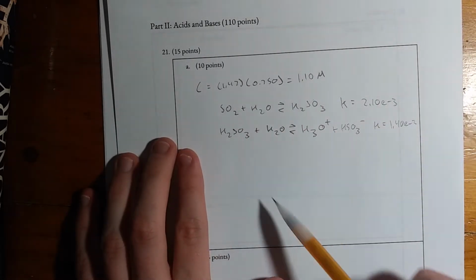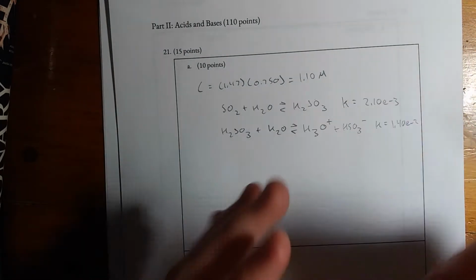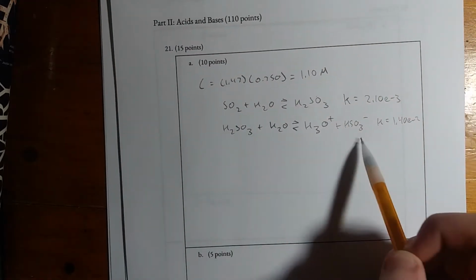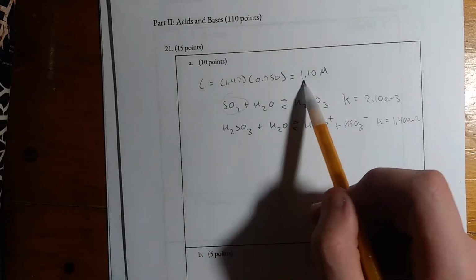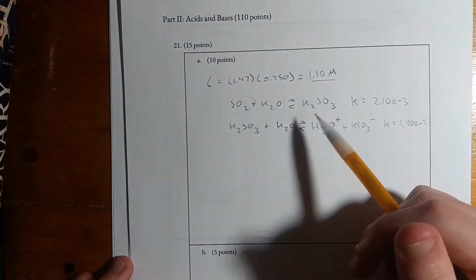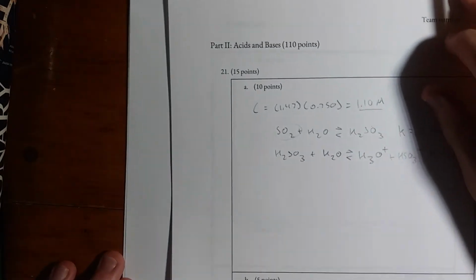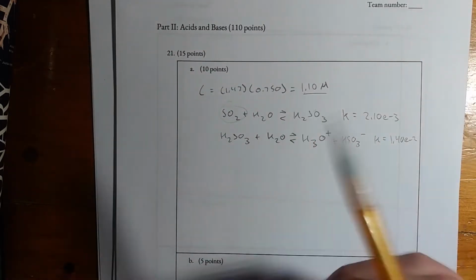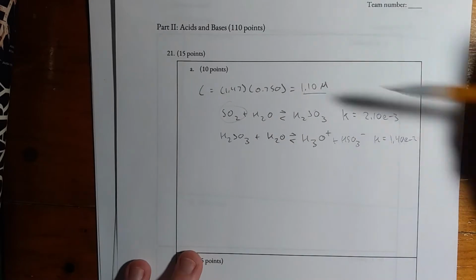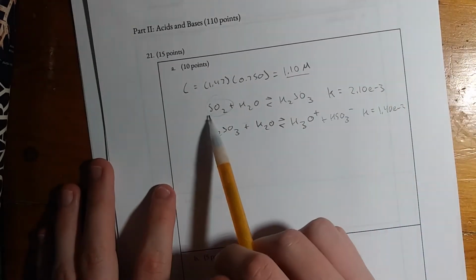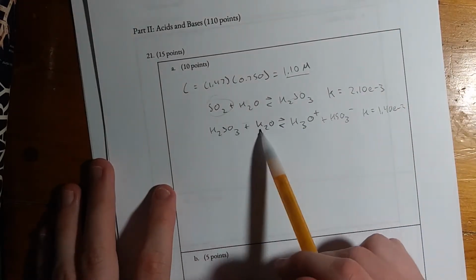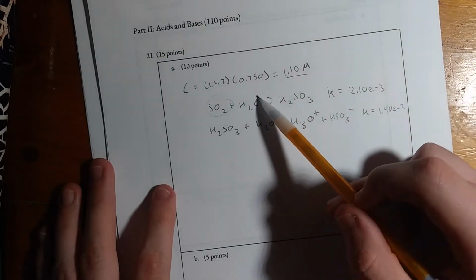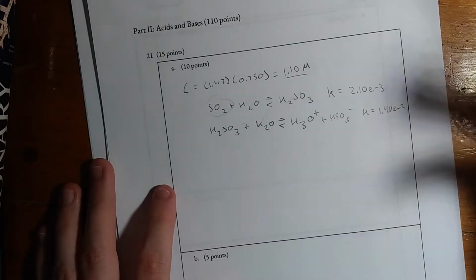Water's already crossed out because it's not aqueous, so I only have three things to worry about. I know this concentration, because this is in equilibrium with all the other stuff. The final concentration of the SO2 has to be this, because that's what has to be dissolved in there by Henry's law.